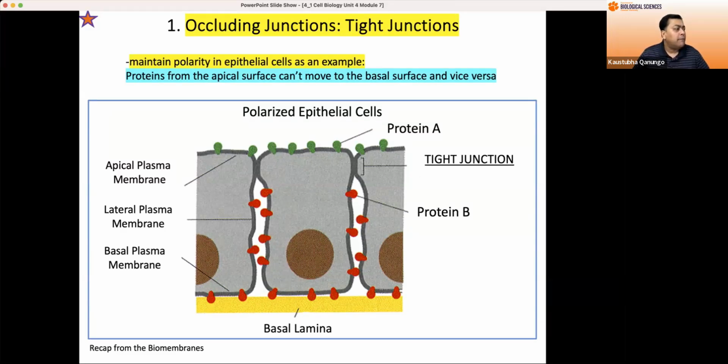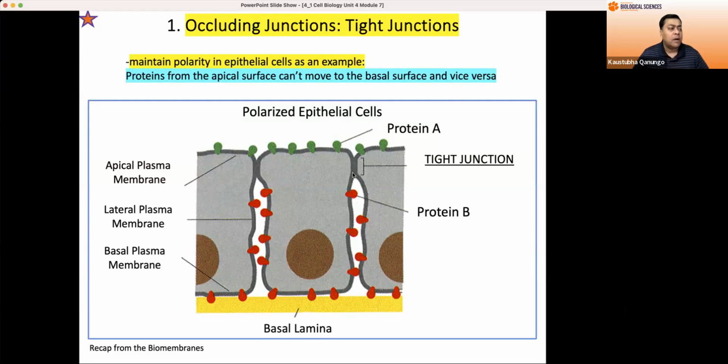The typical answer, and sometimes we ask this question this way. Say, for example, which of the following statements are true for the tight junctions? One of them which is correct is that the tight junction seals the space between the cells to restrict the paracellular transport to only a few small molecules. So just remember that only a few small molecules, but it restricts the movement of most through this paracellular pathway.